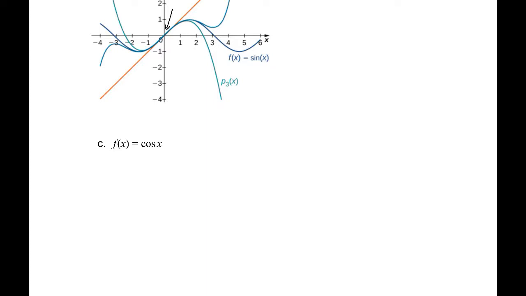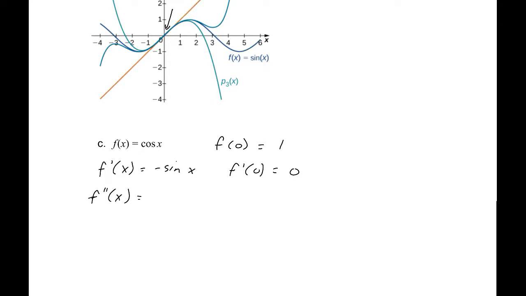All right, cosine x. We're going to have a very similar idea here. Right, f of 0 is 1. F prime is negative sine x, so f prime of 0 is 0.